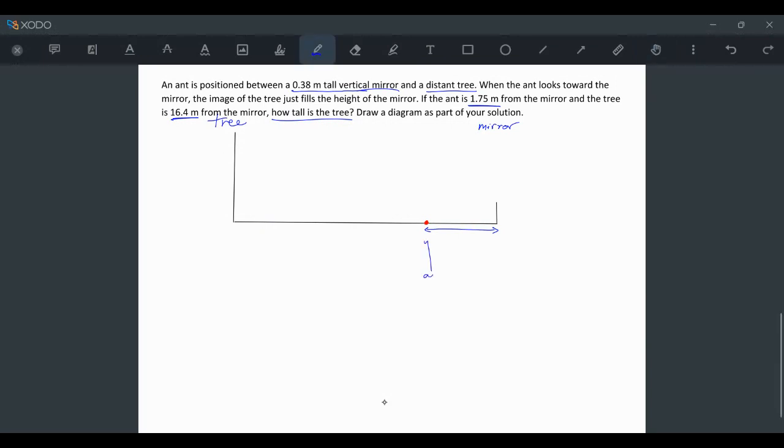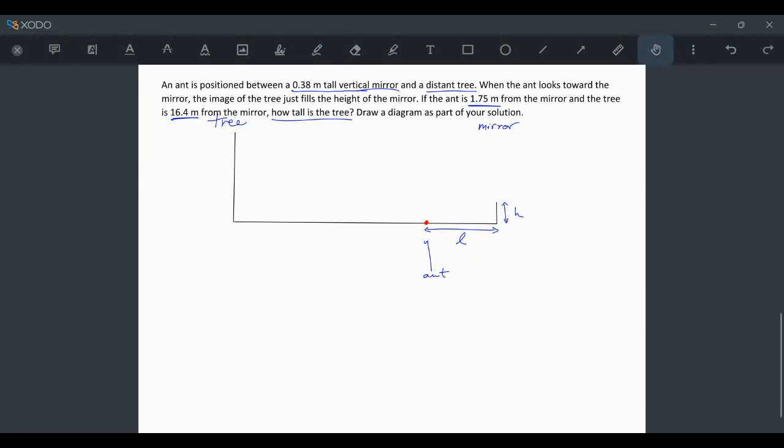And right here is the ant. The distance from the ant to the mirror, we were told, is 1.75 meters. I'm going to call this lowercase l for manipulating equations. And we've been given the height of the mirror, it's 0.38 meters. I'm going to call this distance lowercase h.